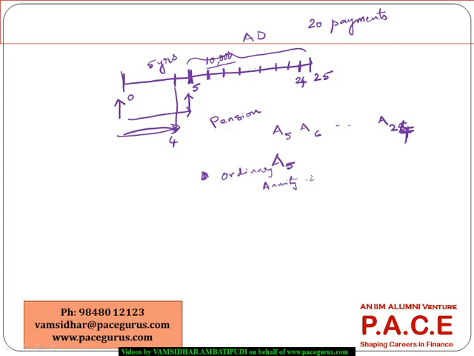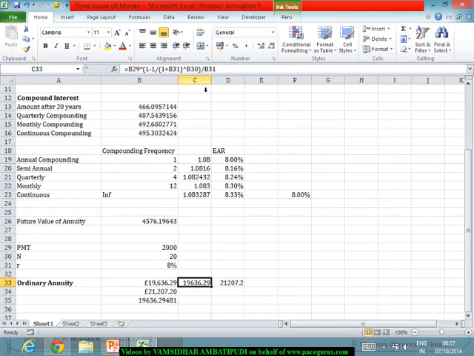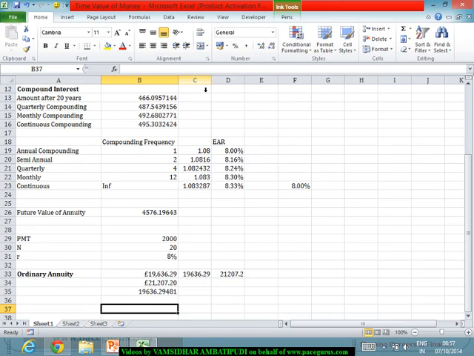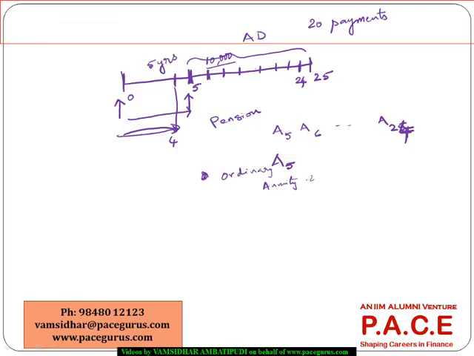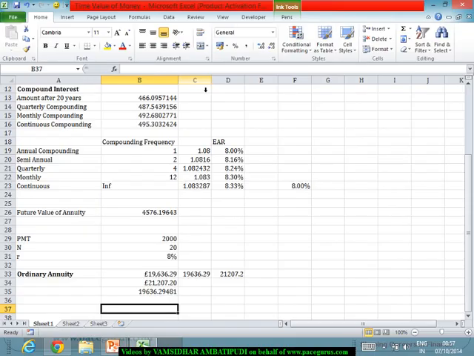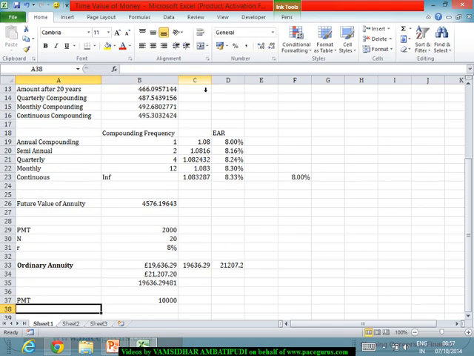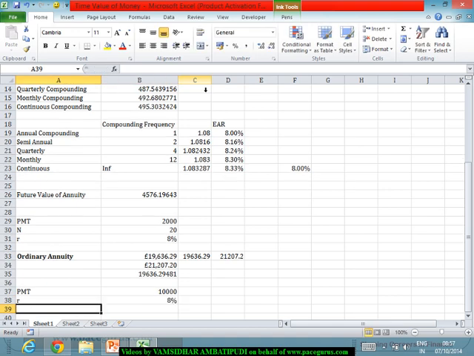Okay, fair enough. So let's say I have to make a payment of 10,000 every year. So I can very well input it. There is a payment of 10,000 every year that needs to be made, assuming an interest rate of 8% per year over a 20-year period.